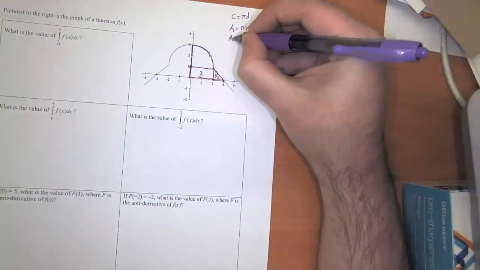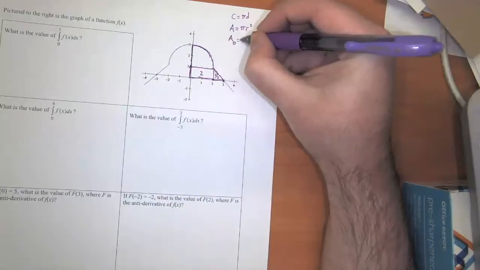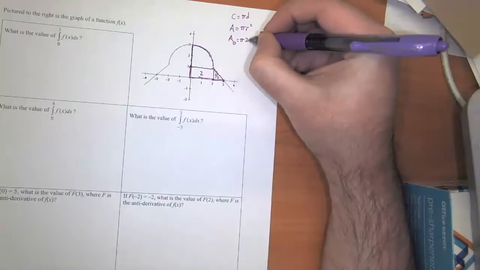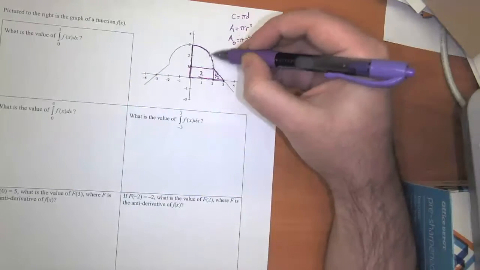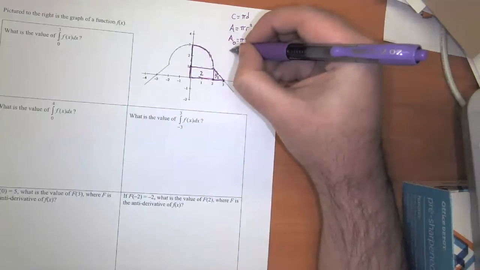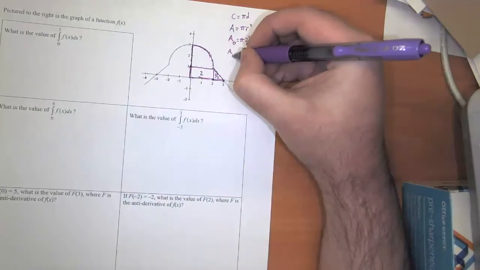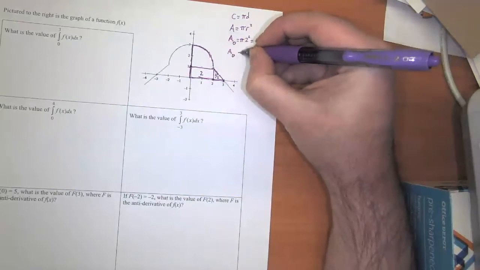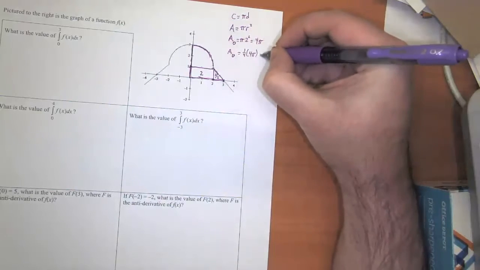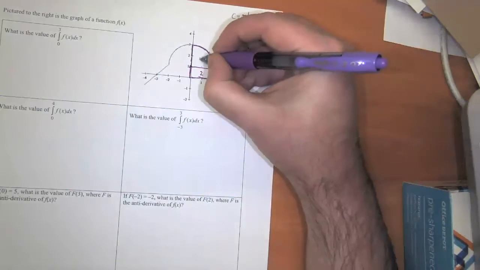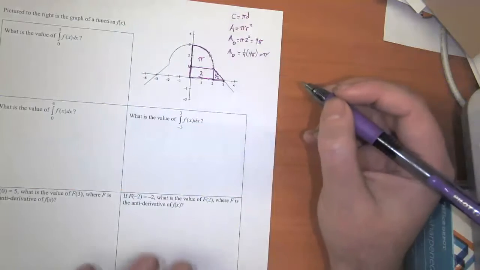So the area of the whole circle is pi times 2 squared, which is 4 pi. But we don't have a whole circle here. We have a 1/4 size wedge. So maybe I'll just draw it like that. Equals 1/4 times 4 pi. So the area of this piece is just pi.